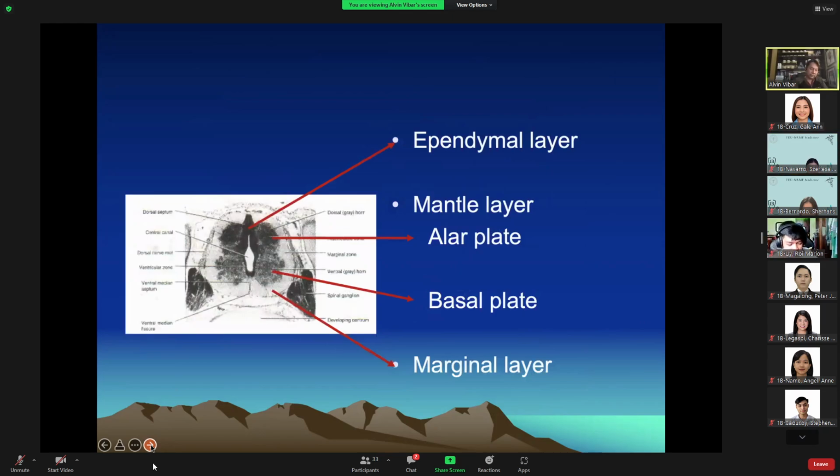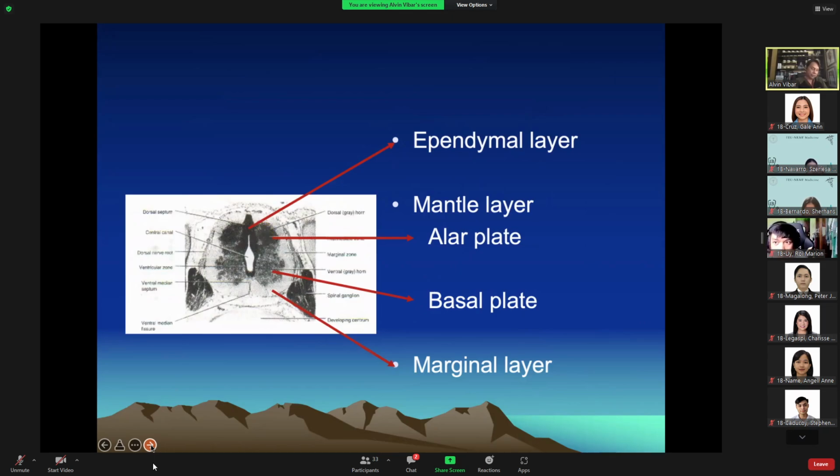Here's another picture. We're going to show this in the laboratory. This is the ependymal layer here on the innermost. What is the fate? Ependyma. This is the alar plate here. What is the fate? Again, that's your posterior, dorsal, or sensory horn of the gray matter.